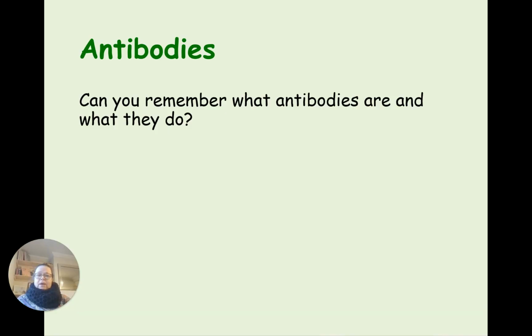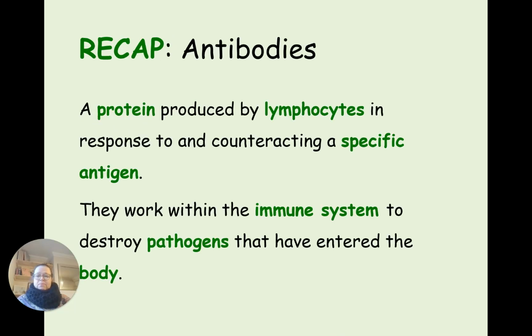So first of all, what they are and what they do. It's really important in biology that we get the language correct, as this is what a question at this level will be looking for. An antibody is a protein, and it's produced by lymphocytes, which are a special type of white blood cell, in response to and counteracting a specific antigen.